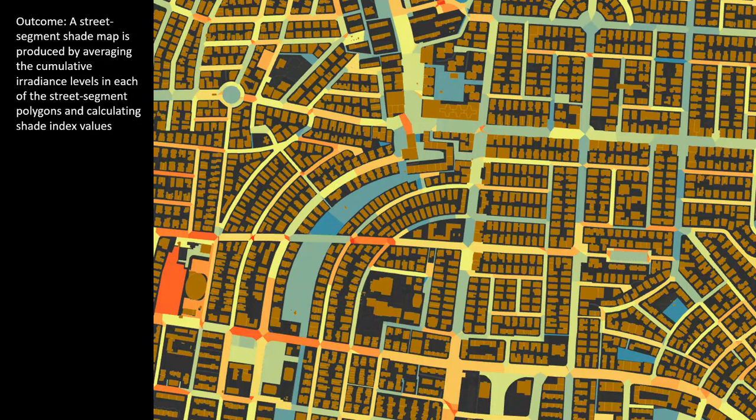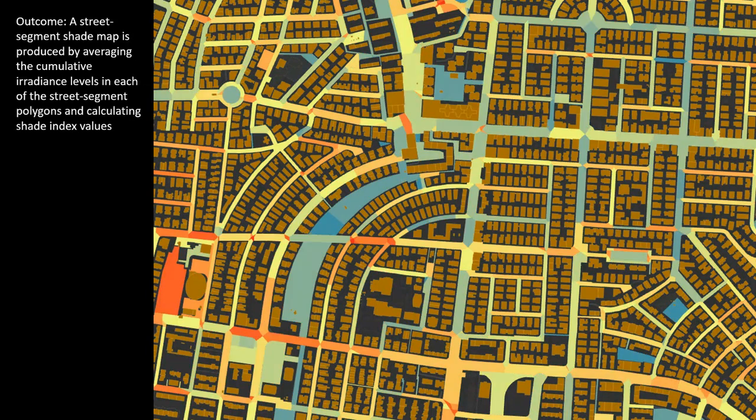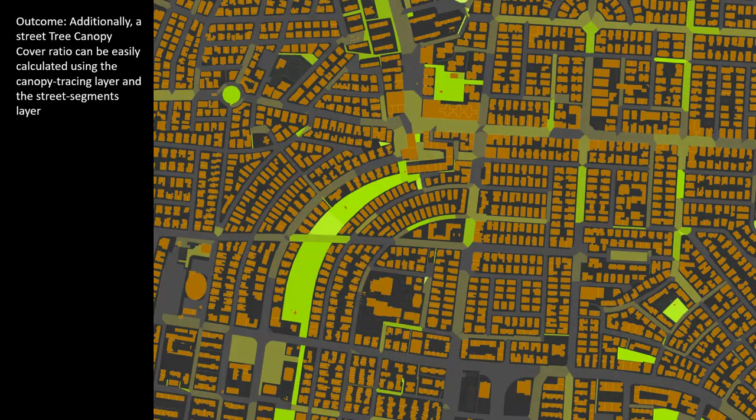Of course, because we're working through the UMAP environment, we can also take out the trees and see what the difference is between tree and treeless environments. And we're giving a very high resolution understanding of the effect of trees in this respect.